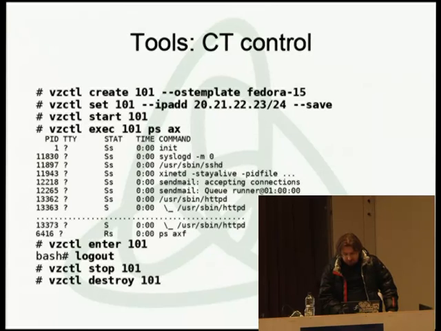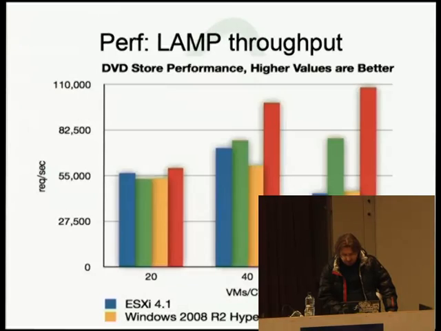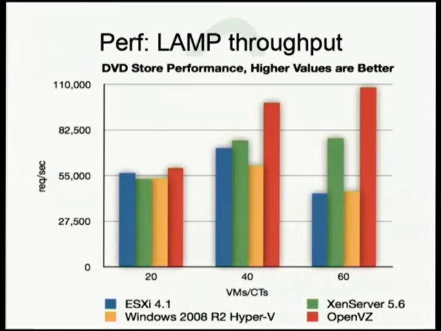So, a few interesting performance slides. This slide is showing LAMP throughput. LAMP is Linux, Apache, MySQL, and PHP, right? So this is a DVD store test done by Dell that emulates a big web store selling DVDs.